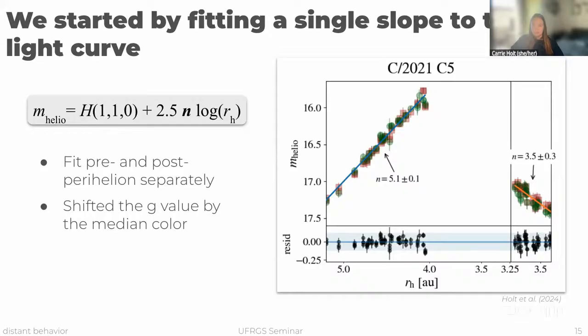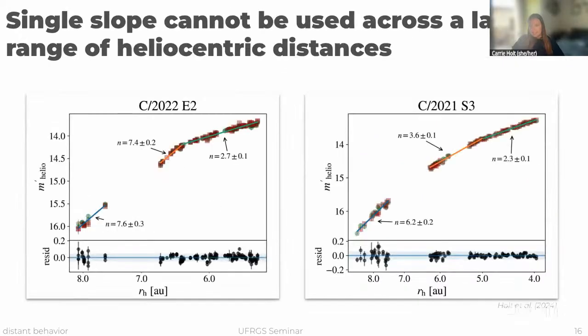But what about when we have much longer ranges? What we found is that a single slope cannot be used across a large range of heliocentric distances. In these examples, what we had to do essentially was fit multiple activity indices, or N values, at different points along the comet light curve.